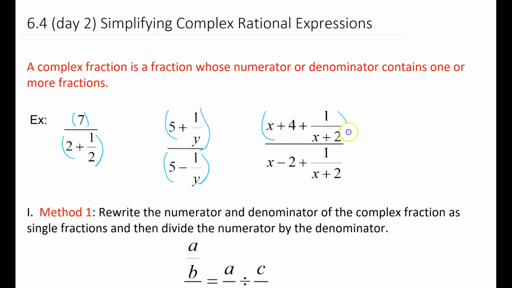So again, we have this divided by, and we can tell by where that heavy fraction bar is, all over x minus 2 plus 1 over x plus 2. Okay. So again, these are all examples of complex rationals.